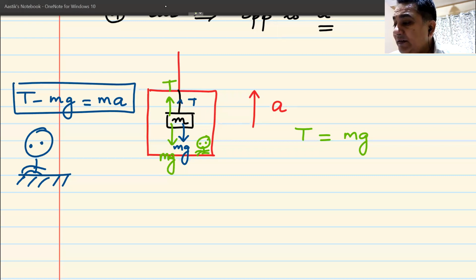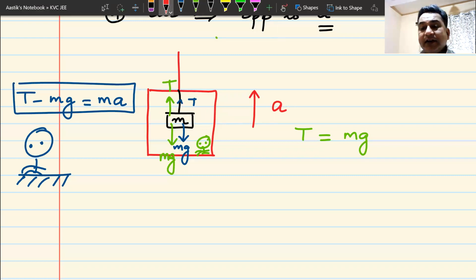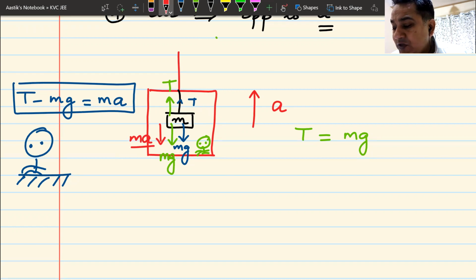And how does he correct his equation? He says, tell me, what is the direction of acceleration? Blue Hulk says, upwards. So now he applies the force downwards because acceleration is upwards. He then asks, what is the magnitude of acceleration? Blue Hulk says a. So he says, the mass of the body is M, so I'll apply a force ma, which is downwards.